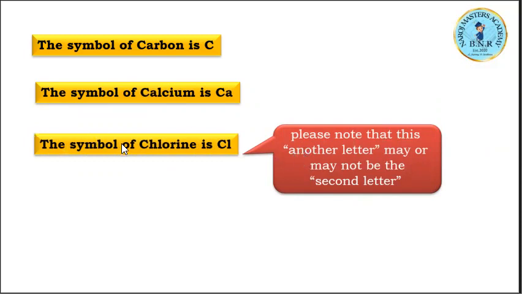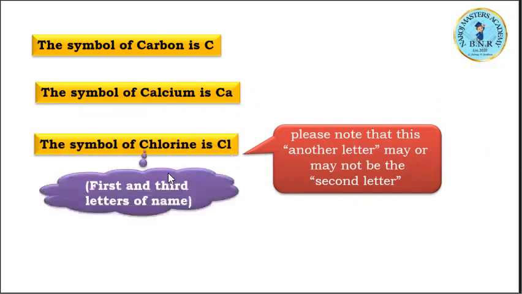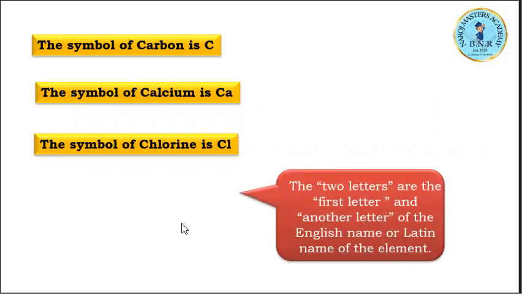What is the symbol of chlorine? Cl, the first and third letters of the name. The two letters are the first letter and another letter of the English name or Latin name of the element. So we have to remember the second letter is not compulsory to be the second letter in the name.